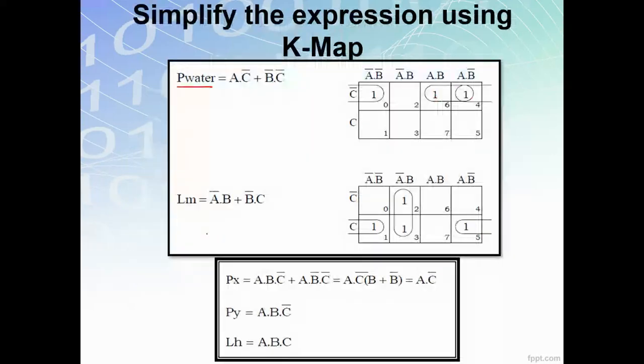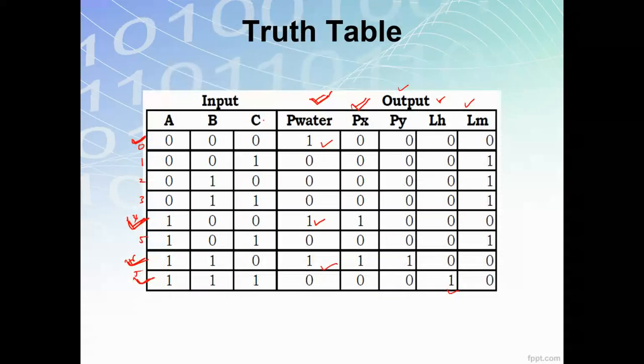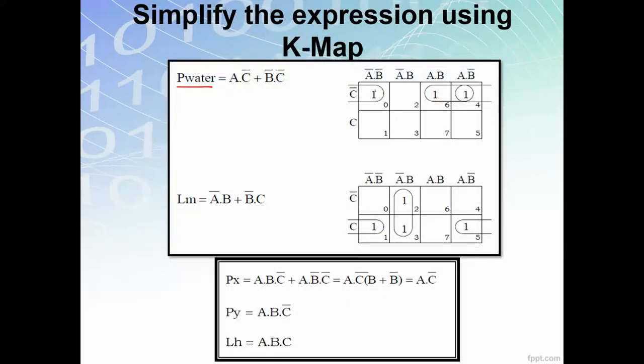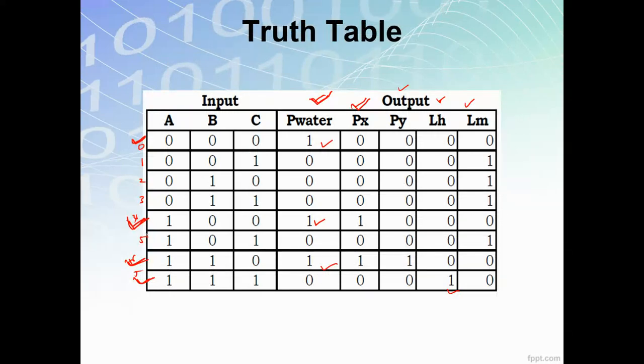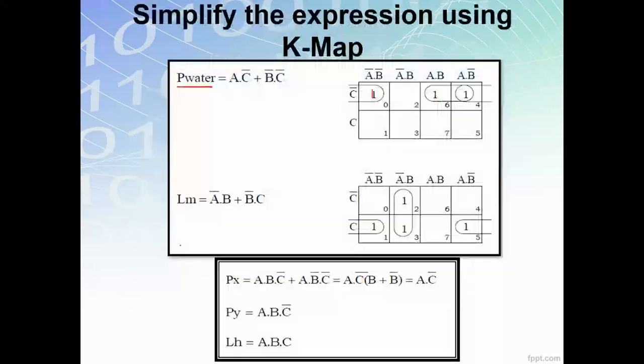Okay, so draw the K-map table of the three variable K-map, and then yang dia menyala adalah dekat 0, yang ni 1, lepas tu 4, 6, 4 dan 6. So 4 and 6.